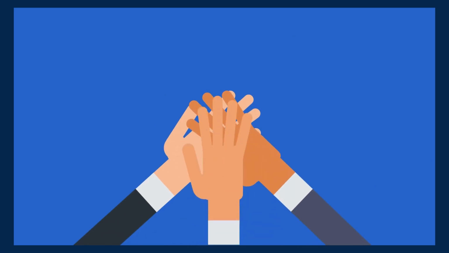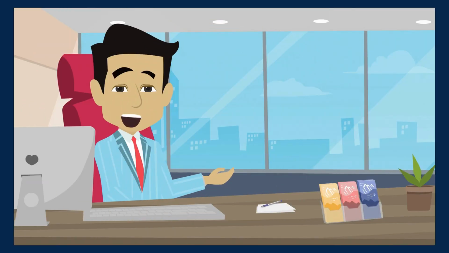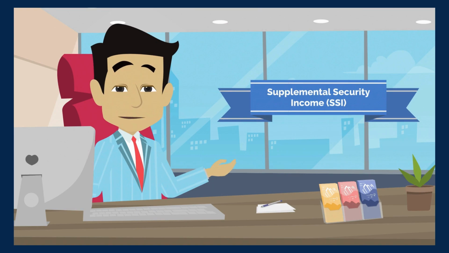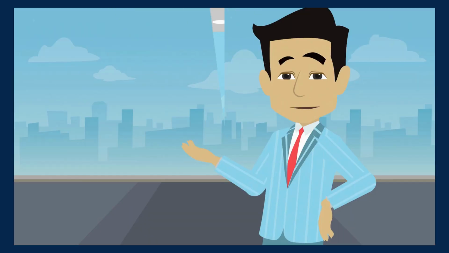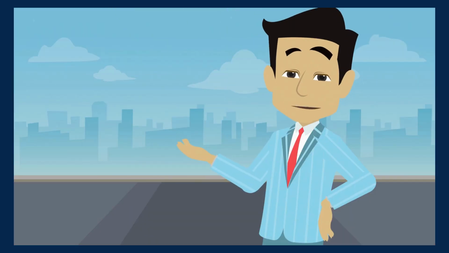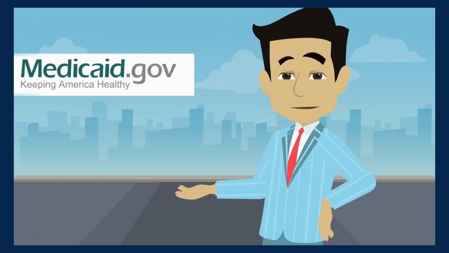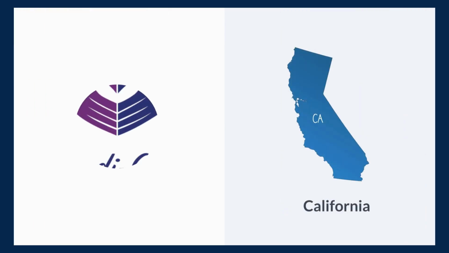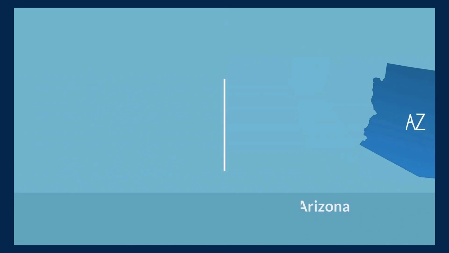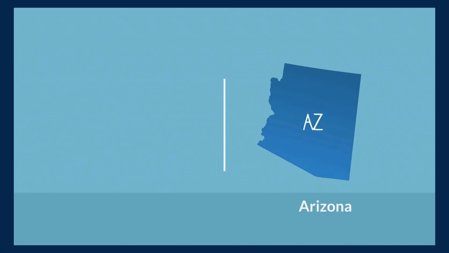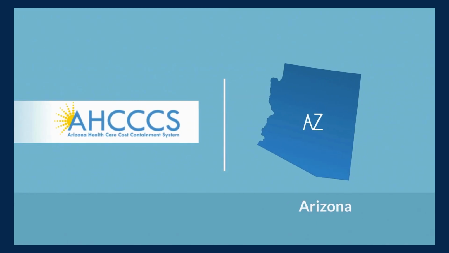The trust protects financial eligibility for SSI, Supplemental Security Income, and/or Medicaid. Please note, your state might have a different name for their Medicaid program. For example, in California, their Medicaid program is called Medi-Cal. In Arizona, their program is called AHCCCS, or Access for short.